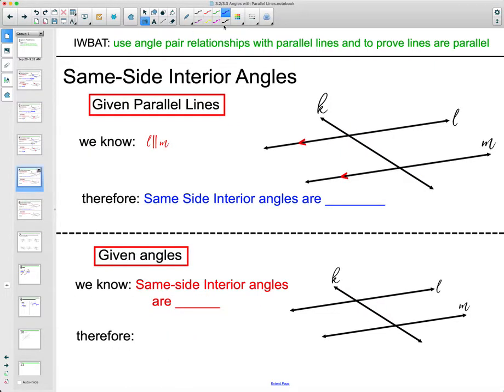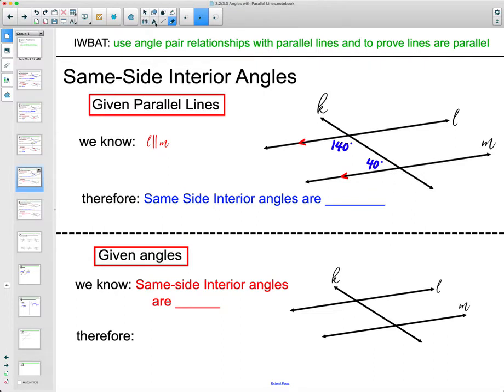Same side interior angles. So remember, same side interior angles is like this angle here. If this one was 140, then this one would end up being 40, because the corresponding angle here would be 140 since the lines are parallel. And then we have a linear pair here that should total 180, so we would have this one at 40.